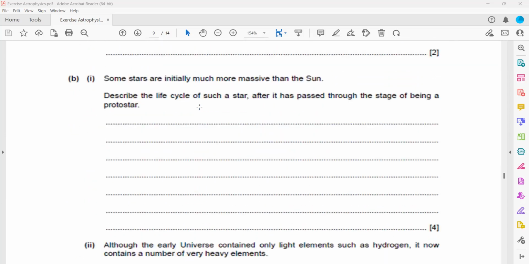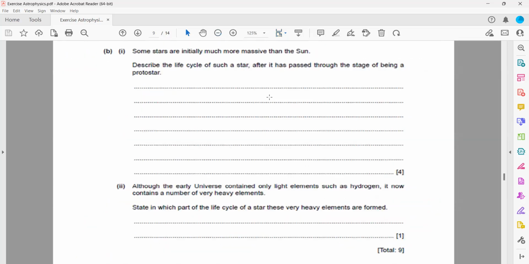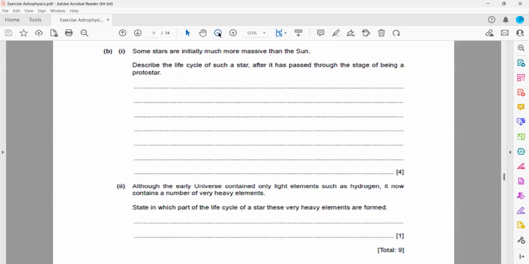Then, some stars are initially much more massive than the Sun. Describe the life cycle after it has passed through the stage of being a protostar. It's a 4-mark question, so you have to explain the life cycle of a massive star. First, from a protostar, it will turn into a main sequence star. Since it has passed through the protostar stage, we don't have to explain what a protostar is. We start with the main sequence.